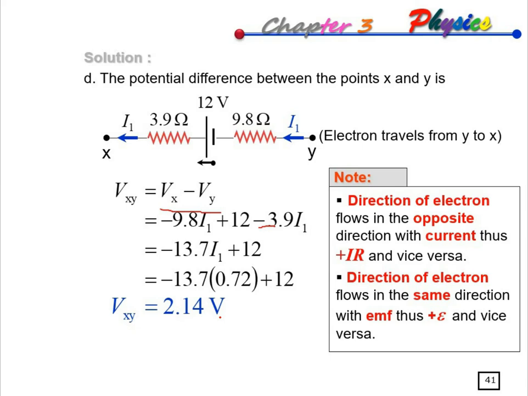That means for the potential difference between X and Y, X is more positive than Y. Note that the electrons flow in the opposite direction to the current, that's why we have the plus IR and vice versa. The electrons flow in the same direction as the EMF, so we have the plus EMF and vice versa.